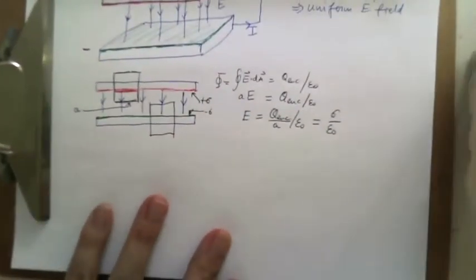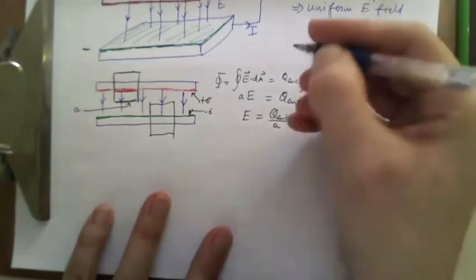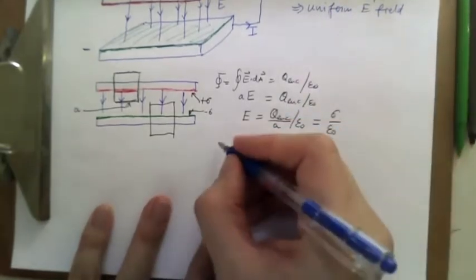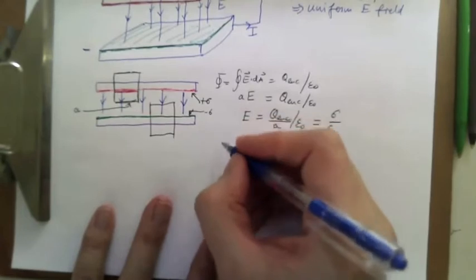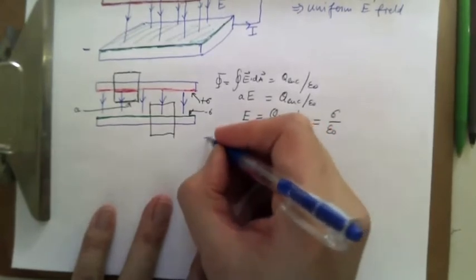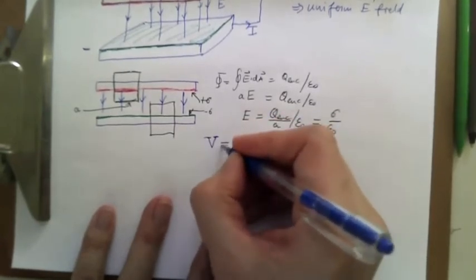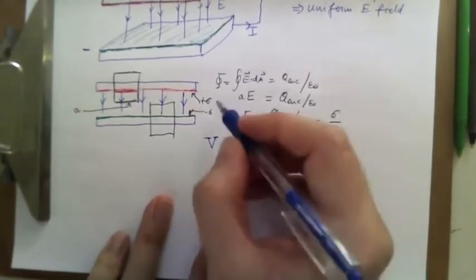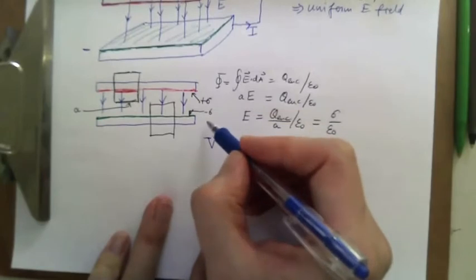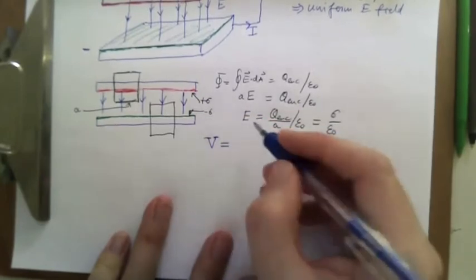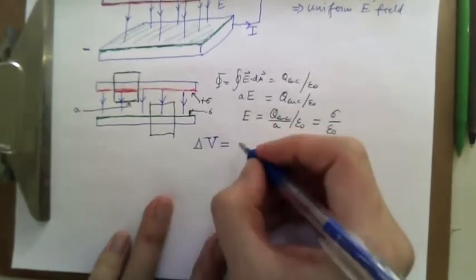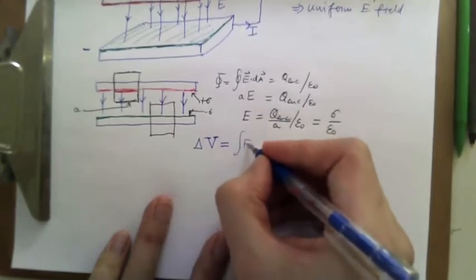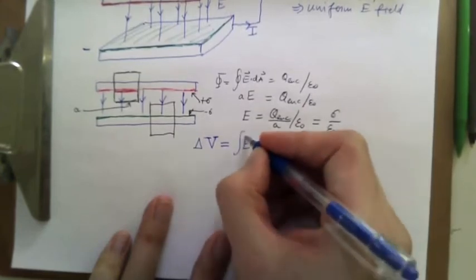Now, the next part of a capacitor is what's the potential difference? Well, the potential difference is going to be whatever E is times dl, right? So delta V, let me draw delta V. It's the line integral of E dl.